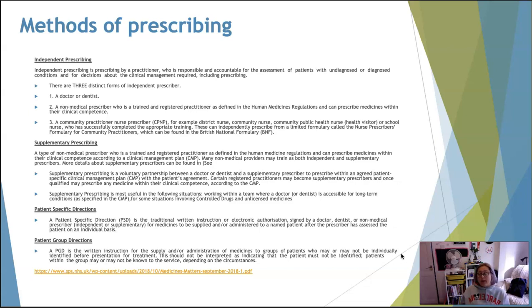So this might be a practitioner who has undertaken further training, that they've actually completed a course, that they aren't necessarily a doctor, but they are able to prescribe under the independent prescribing mechanisms. It could be that they're a supplementary prescriber. They haven't actually completed an independent prescribing course, but they are able to prescribe certain things to support a patient.